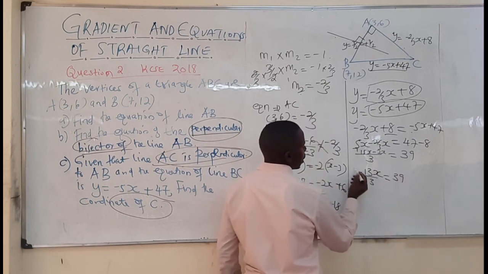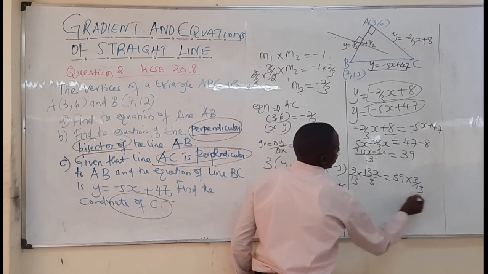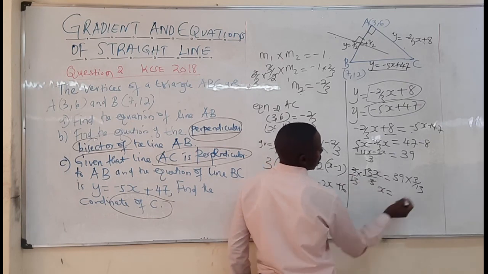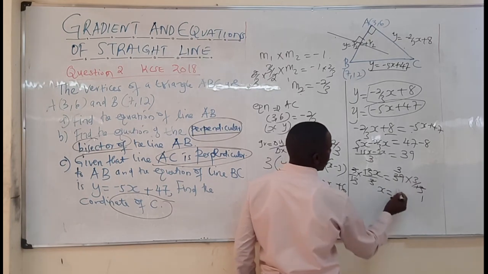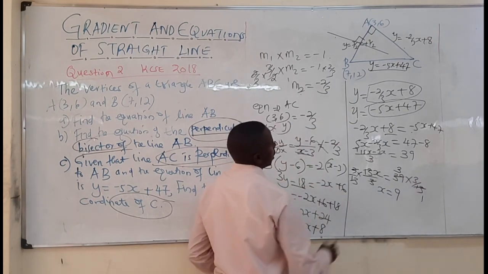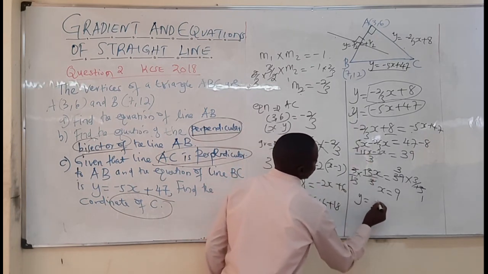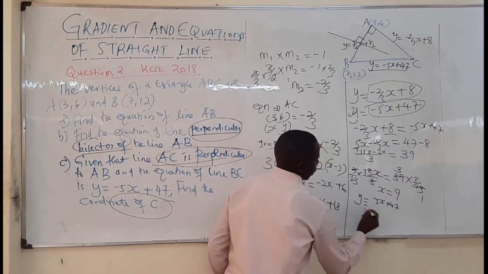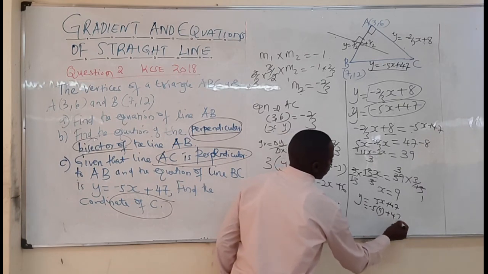Then we multiply by 3 over 13 on both sides to get x is equal to 39 times 3 over 13, which is 3 times 3, 9. That is our value of x. Then for y, you can pick one of the equations, the second one. y is equal to minus 5x plus 47. So minus 5 times 9 plus 47.